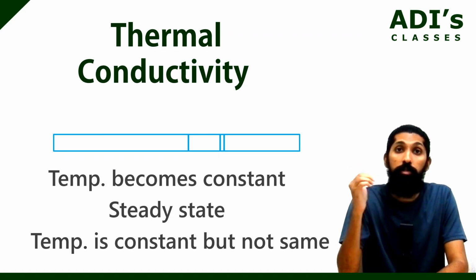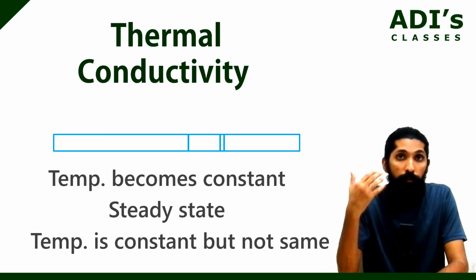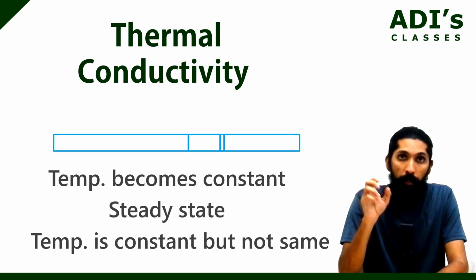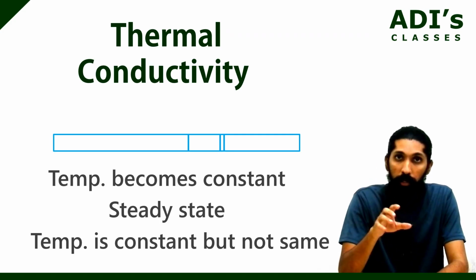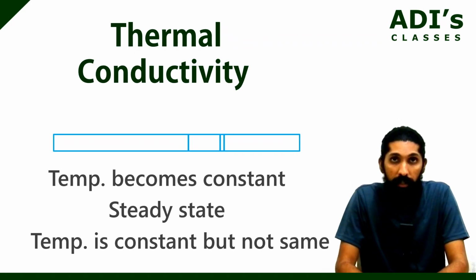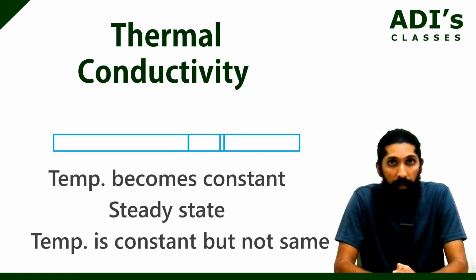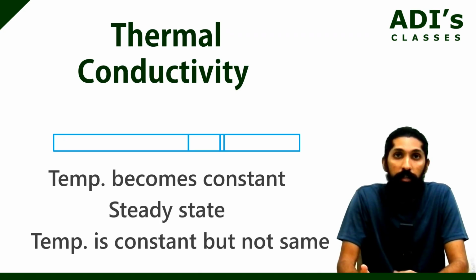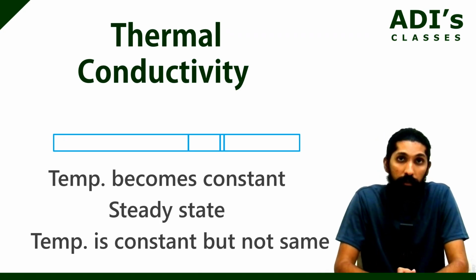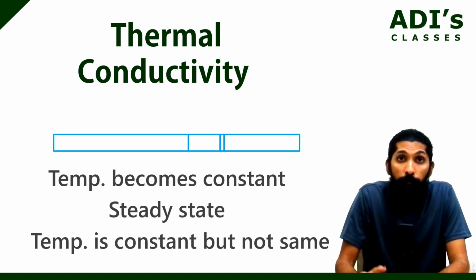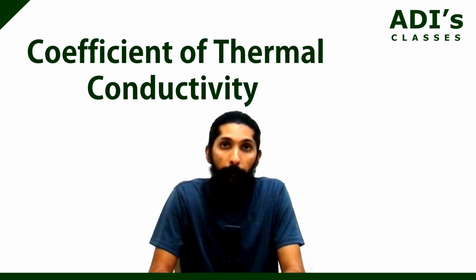But there is no more exchange of heat within the specimen. That's why we say that it has reached a steady state. Now, since it has reached the steady state, don't you think the steady state is completely a material property? It depends on the material. Now, what defines this? That is what we call the thermal conductivity.